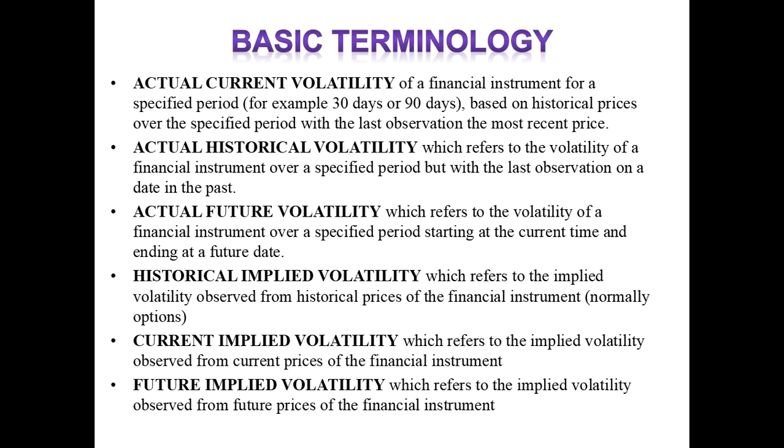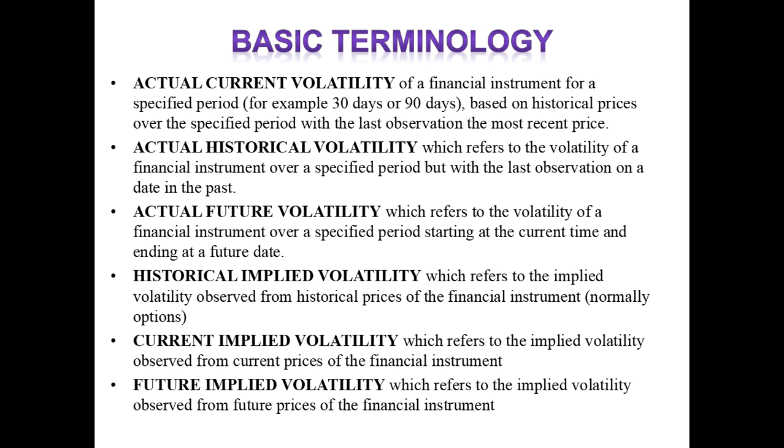So let's look at some of the basic terminology included. First is actual current volatility. This is the current volatility of a financial instrument for a specified period, which can be 30 days or 90 days, based on historical prices over the specific period, with the last observation being the most recent price.